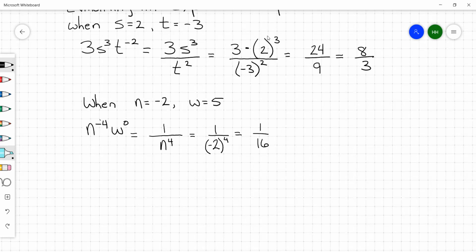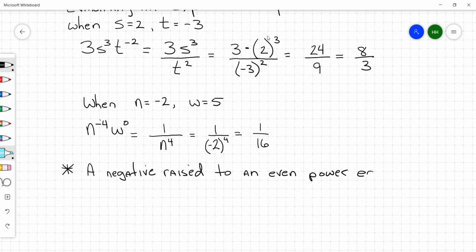All right, write this down. A negative raised to an even power equals a positive.